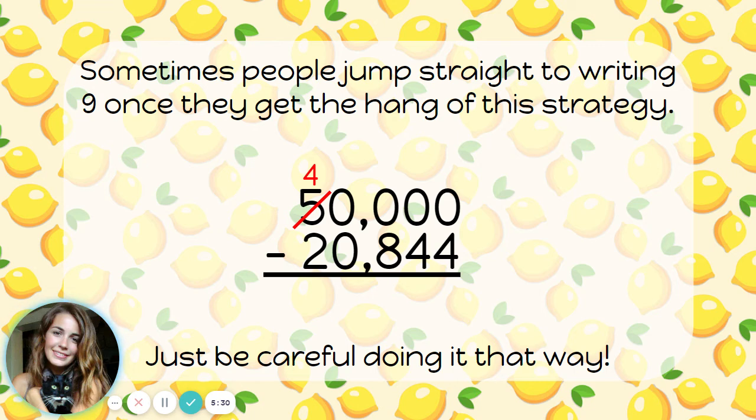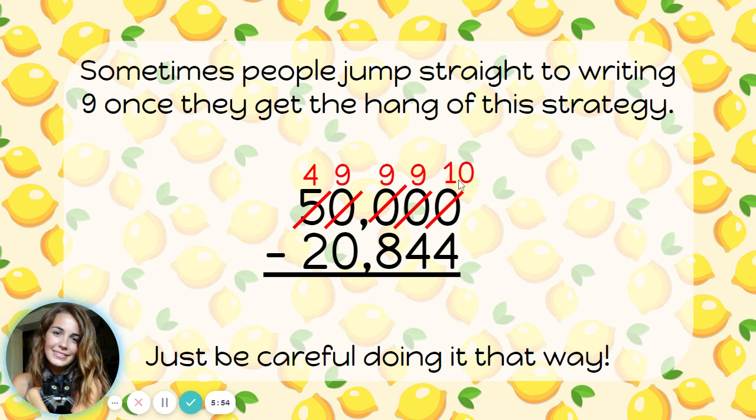So instead of making this 0 a 10 when I know I'm just about to cross it off and make it a 9, I'll just go ahead and make it a 9 because I know I need to keep moving those numbers down to regroup this whole first number. This 0 will also become a 9 and a 9, and here's where you have to be careful. A 10, not a 9.